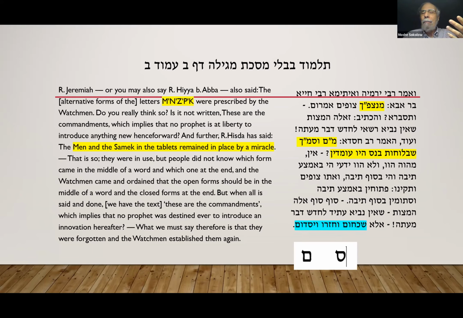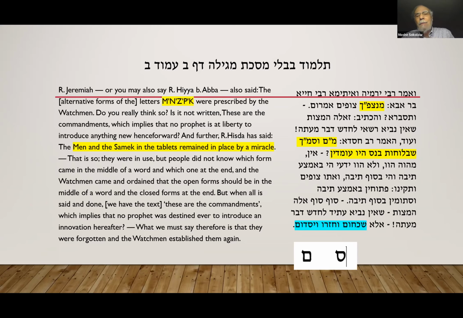Therefore, how could the prophets innovate these 5 final letter forms? Va'od, and moreover, Amar Rav Chisda, you remember Rav Chisda from the previous text, he's one who seems to have had a particular interest in and maybe some special knowledge of the alphabet.